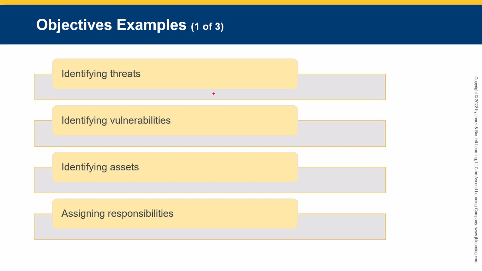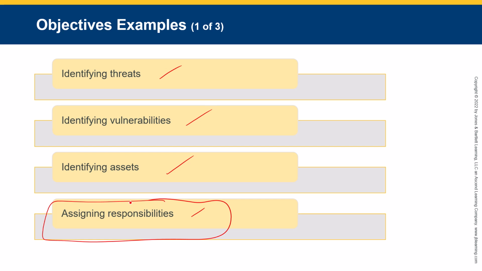From here, we would then identify the objectives, identify threats, vulnerabilities, assets, and assign responsibilities. Who should be doing what? If malware infects the computer, what do we do? Assign responsibilities to each of the areas.